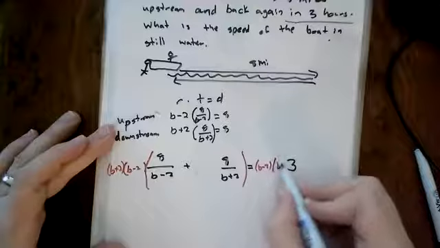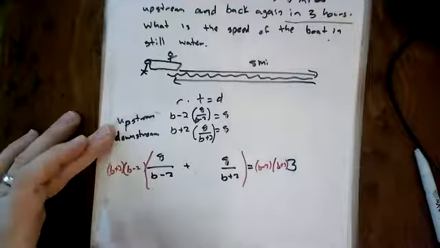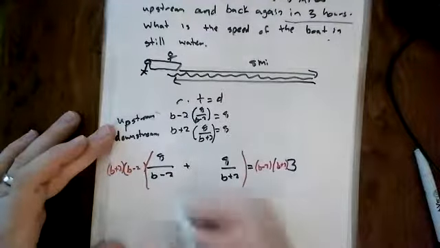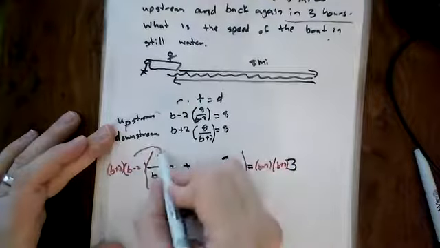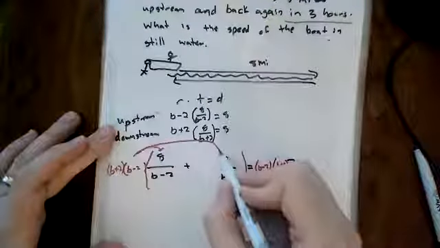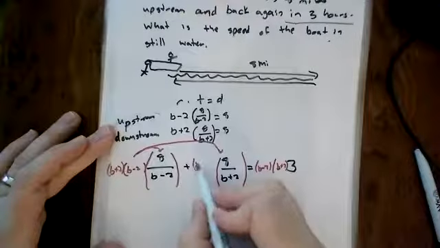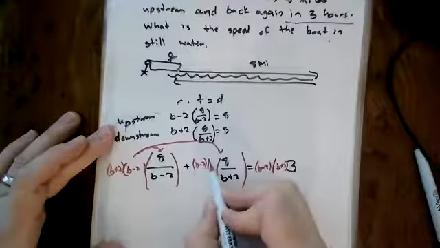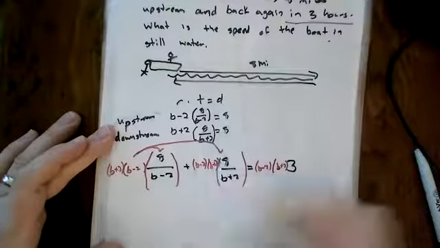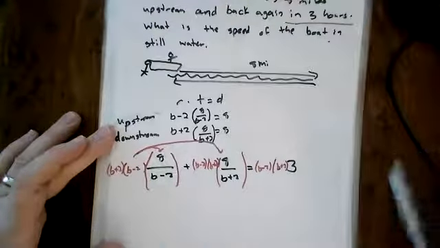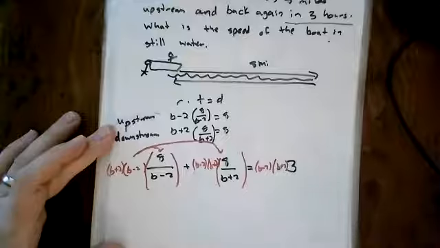All right, let's do this. When I do this, everything's going to get distributed. So everything is going to be times b minus 2 and b plus 2. And good news is, a lot of this is going to cancel out.